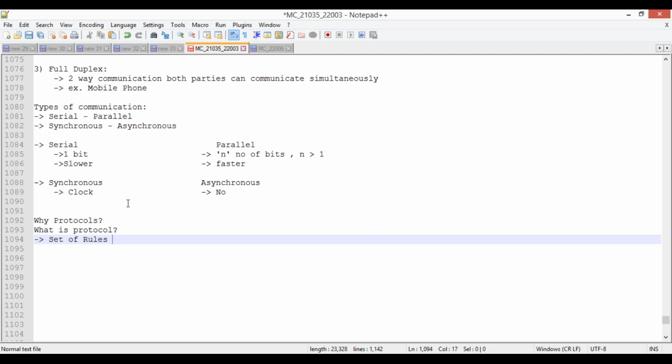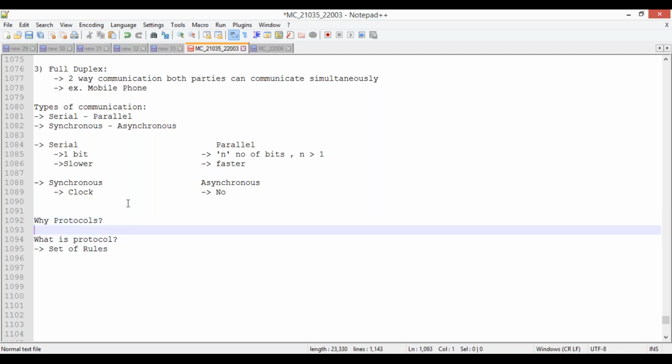Why do we want to follow the protocols? By the way, people, we humans, whatever protocols are set by our government or our society, do we follow those protocols? Yes, no?